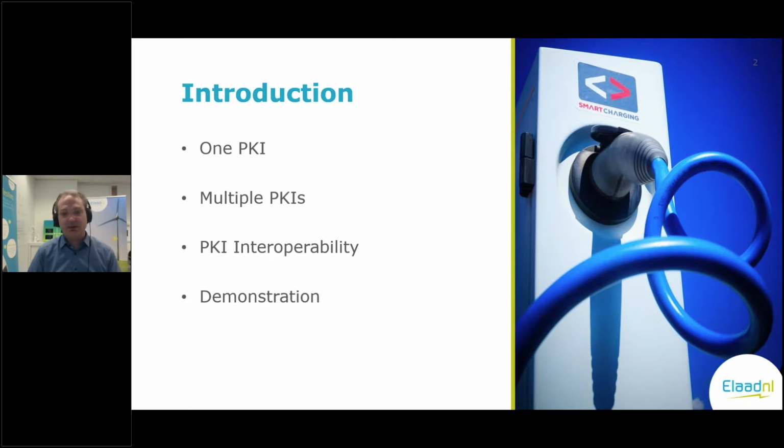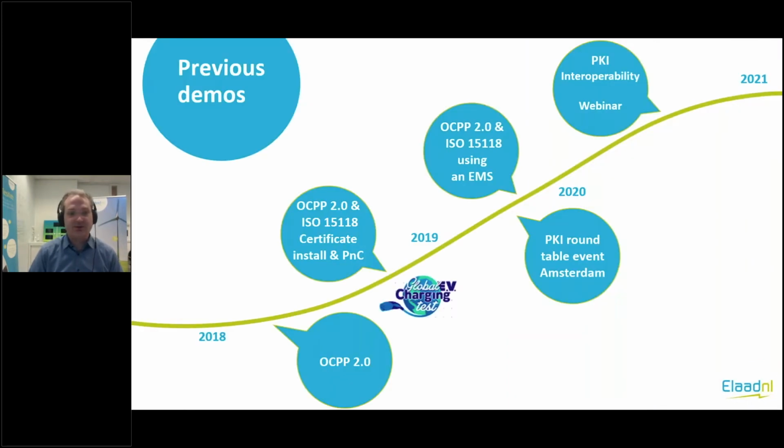We will discuss this first, and then we will also demonstrate one of these methods, which is the cross-certification method. For those of you that have joined us previously in demonstrations, we have a history in demonstrating things related to ISO 15118. The first one was in 2018, setting up a plug-and-charge and certificate installation chain with OCPP 2.0. A year later, we had the PKI roundtable event in Amsterdam.